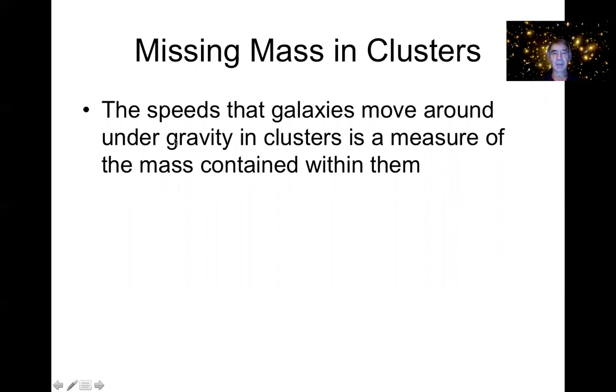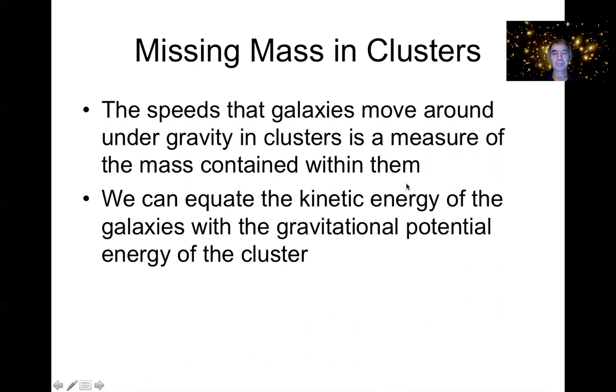So again, we can use the galaxies a bit like test particles to try and measure the mass of the whole cluster of galaxies by measuring the speed at which they're moving around within that gravitational potential.